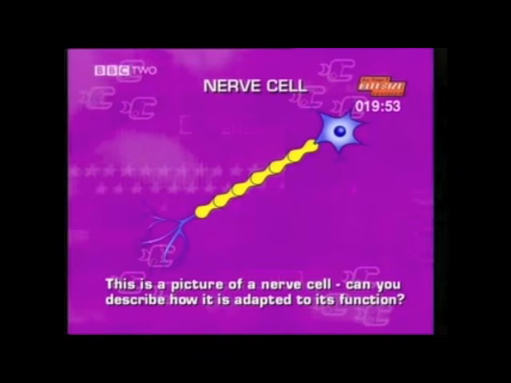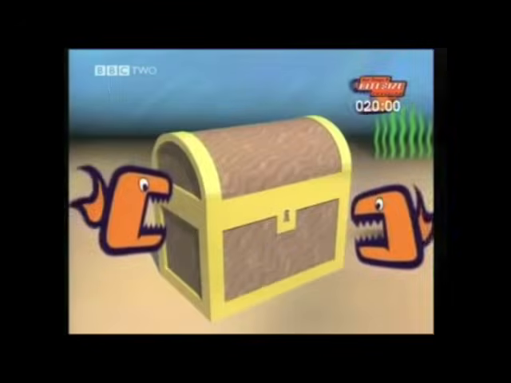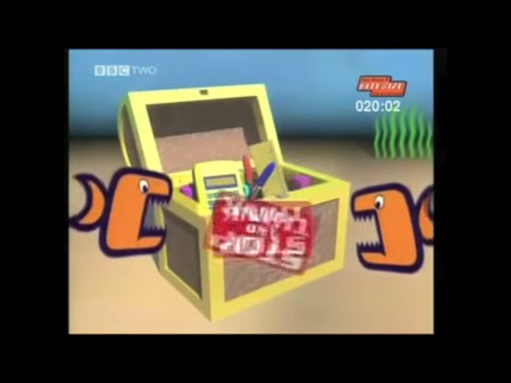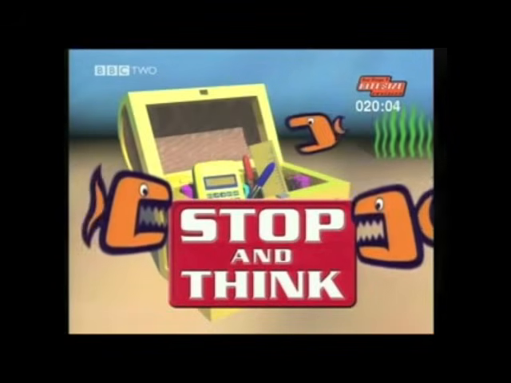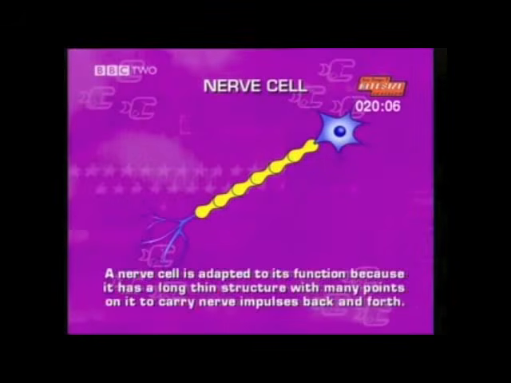So you need to look at the diagram and work out how this cell is suited to its job. Your answer could be that you can tell that a nerve cell is adapted to its function because it has a long, thin structure with many points so it can carry nerve impulses, messages, back and forth.